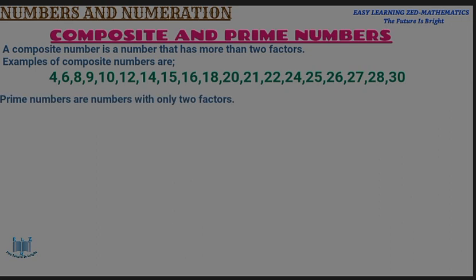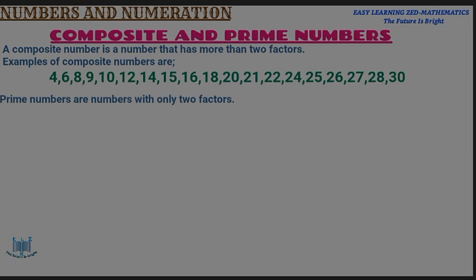Prime numbers are numbers with only 2 factors. So if a number has less than 2 factors, it's not a prime number. If it has more than 2 factors, then it is also not a prime number. A prime number always has only 2 factors.